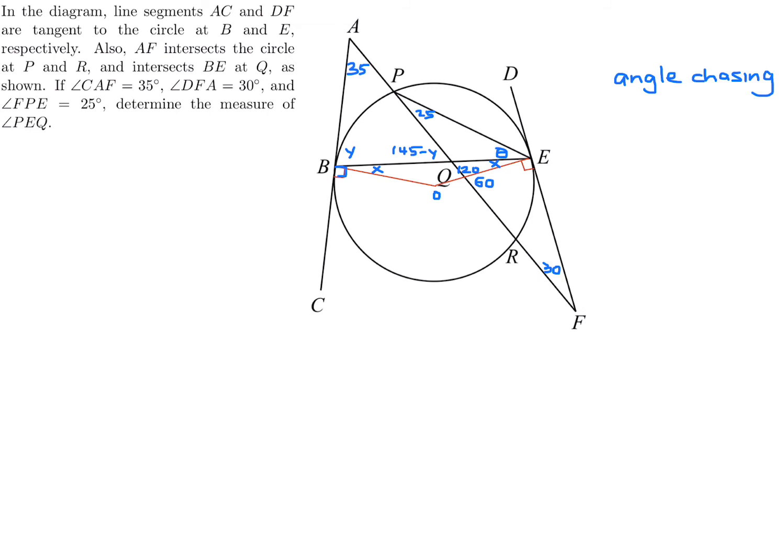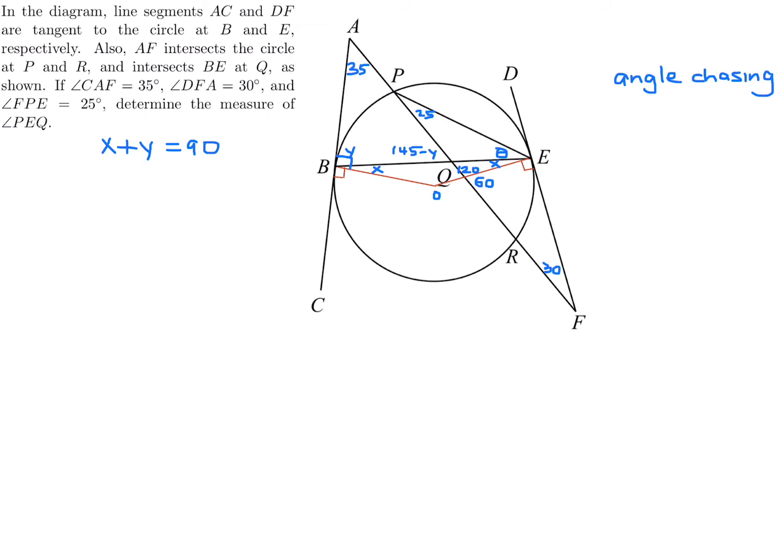This is a right angle, and therefore this is also a right angle. And since this is a right angle, these two angles must add up to 90. So that means X plus Y is equal to 90.